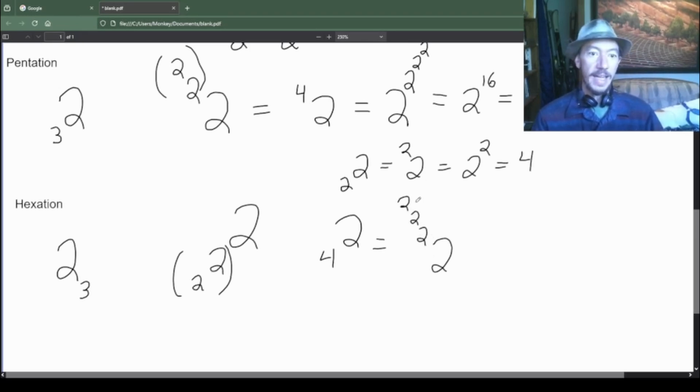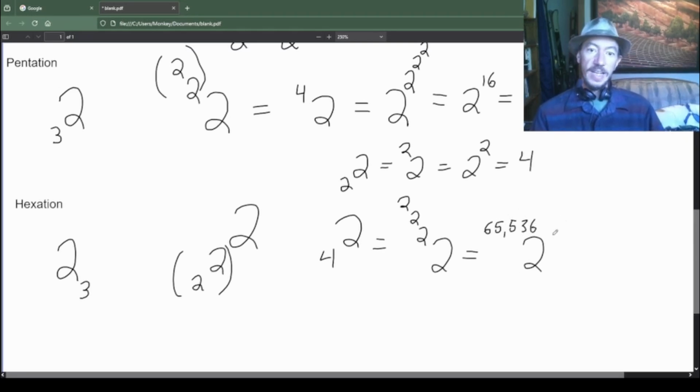And now we got to unpack this again. We've seen here's this little tetration of a tower of 3 2s going up to the left. We just solved that and found it was this 65,000 number. So now we know this is 2 tetrated to 65,536. What does that mean?